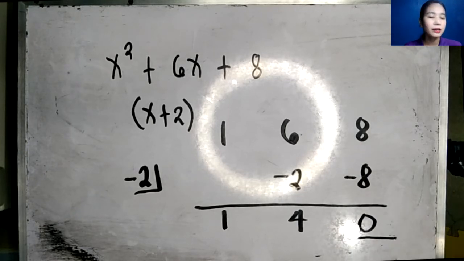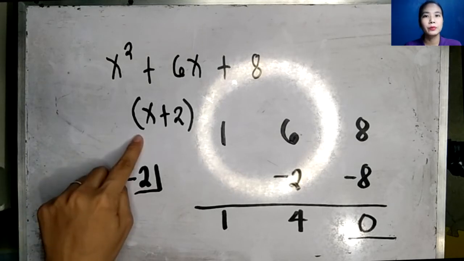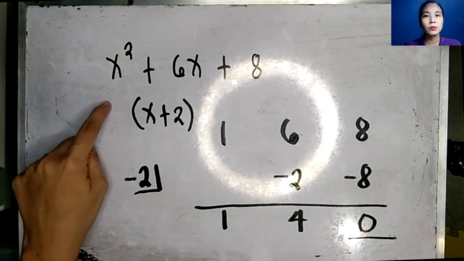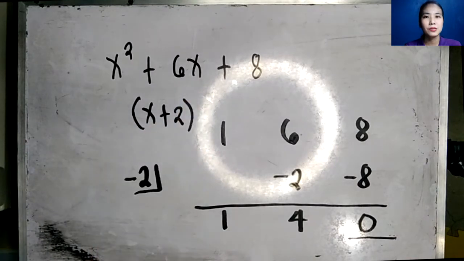So, since ang ating remainder ay 0, sabi rin sa factor theorem, kapag ang ating remainder ay 0, pwede nating sabihin na ang ating given na binomial ay factor ng ating polynomial. So, ang x plus 2 is a factor of x squared plus 6x plus 8. Ngayon, subukan naman natin kunin pa ang ibang factor ng ating given na polynomial.